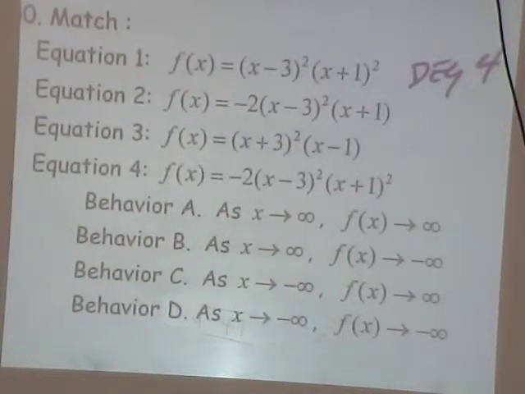So degree 4 with a positive leading coefficient, what's the end behavior going to look like? Should be up and up, right? So as x approaches positive or negative infinity, the y value is going to approach infinity, right?